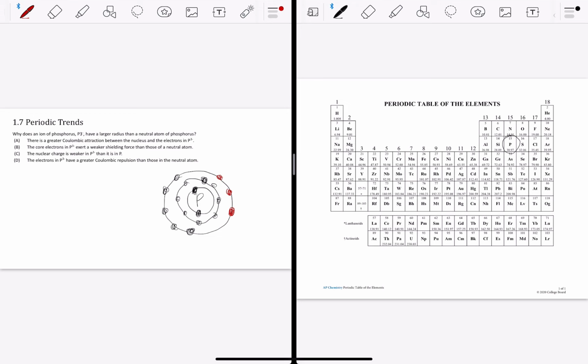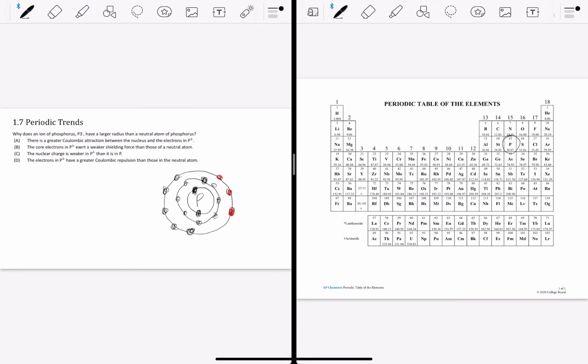And so the radius of a phosphorus ion is going to be bigger than the neutral atom of phosphorus due to the repulsive force, and it's going to be easier for the phosphorus ion to take an electron out. That means it will be easier to lose electrons in the phosphorus ion than in a neutral atom of phosphorus. So knowing that, let's take a look at the answer choices.